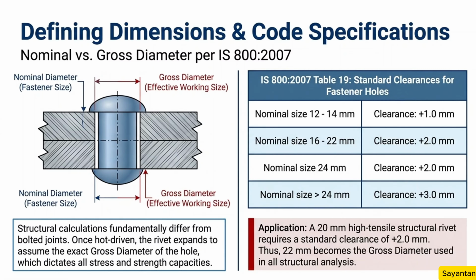For instance, a 20 mm nominal high tensile rivet requires a standard 2 mm clearance hole. Thus, 22 millimeters becomes the absolute gross working diameter applied in all design formulas.